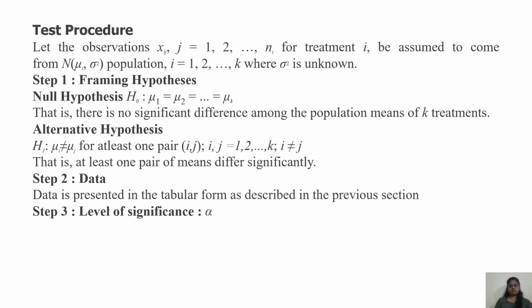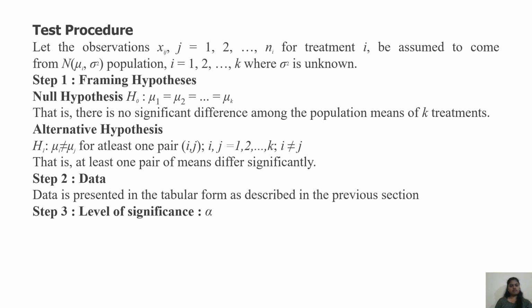Test procedure. Let the observations xij, j equals 1, 2, 3 until ni for treatment i, be assumed to be from a normal population with mean mu i and variance sigma square, that is i equals 1, 2, 3 until k, where sigma square is unknown.